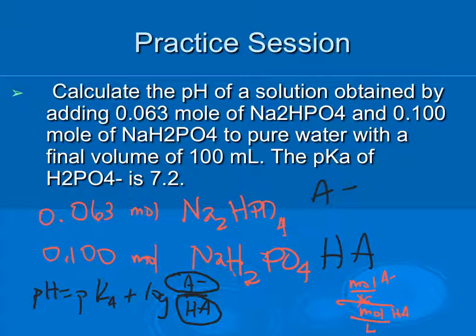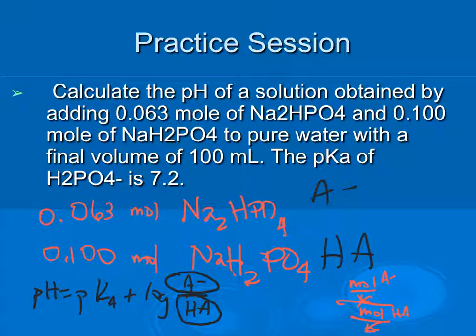See, the liters cancel out, so it's really just moles over moles. The only time that you have to worry about the volume is if you're changing the volume. If you say, okay, now we're adding stuff and subtracting stuff, then you really have to worry about it. But right here, the final volume is the same regardless. Once again, if you get confused, you can always go back, figure out the molarity, and then put it all back into the equation.